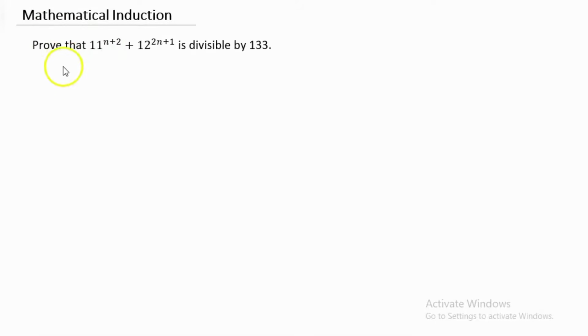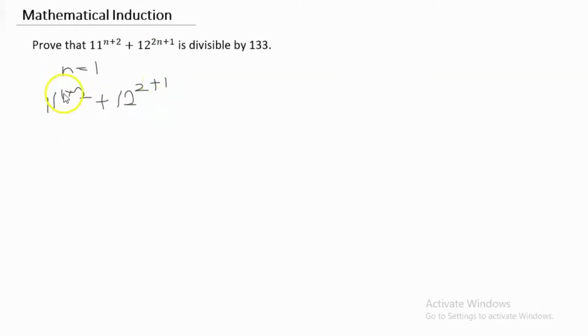We need to prove that n is equal to 1. So wherever we see n, we're going to put 1 inside of it to see if it is true. So 11 to the power of 1 plus 2 plus 12 to the power of 2 multiplied by 1 is 2, plus 1.